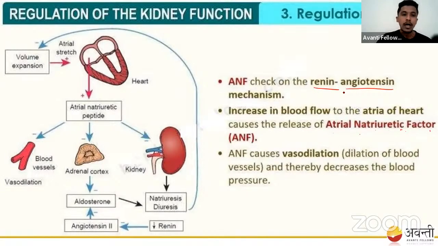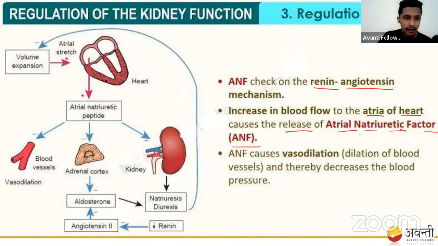Because of the increased blood pressure, as the blood pressure is sensed in the atria of the heart, and the atria sense that there is more flow of blood in the heart, that will make them release a factor called atrial natriuretic factor or ANF.